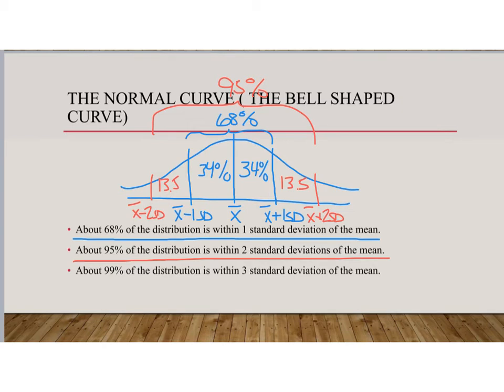And then finally, we've got three standard deviations within the mean, 99%, so almost all scores would be within three standard deviations of the mean.